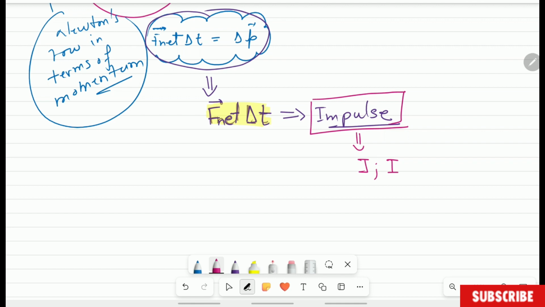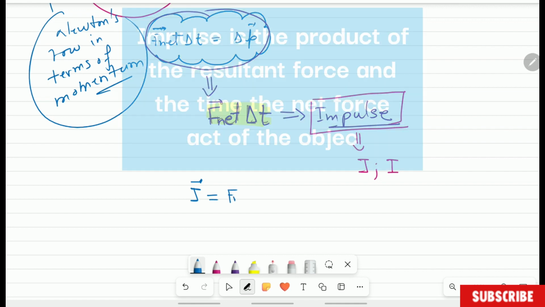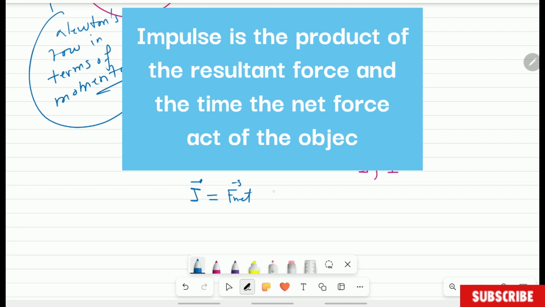Okay? Now, the definition of impulse, which I'm going to write J, is a vector quantity. We'll speak about that one just in a moment. The definition is the formula. It is the product of net force multiplied by the time for which that force is acting.